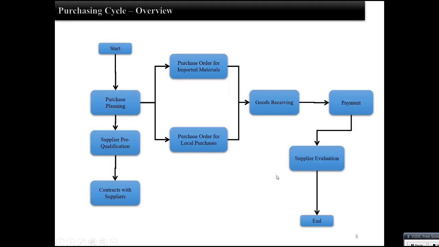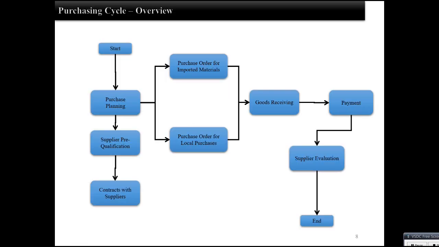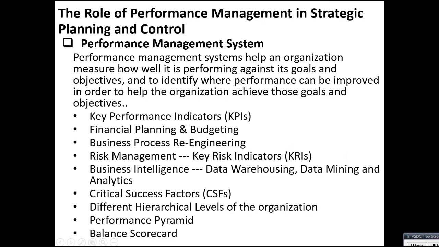and quality. Then contract with suppliers as well, that okay, we will purchase from you continuously for a long time or a short time, whatever decision you want to make. So look, this is an example. Then purchase order for imported material. Some materials may be imported from some other country. You will request the supplier of the other country with a purchase order to sell these products to us.